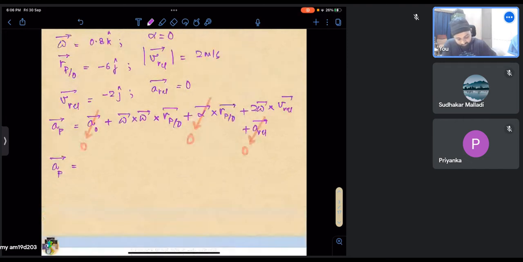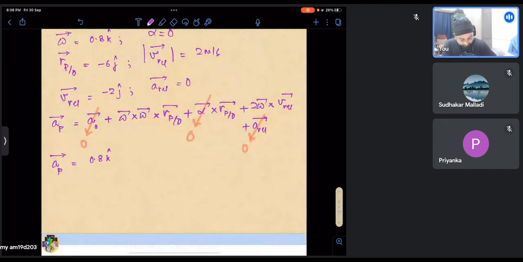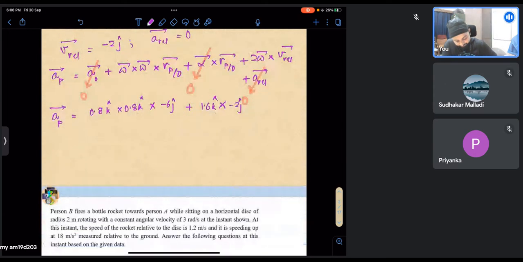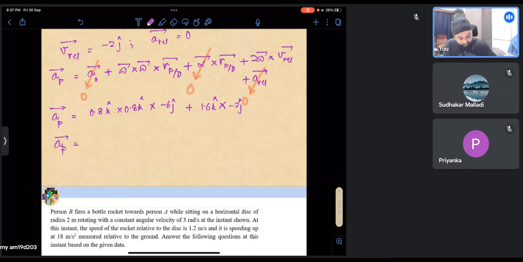So a P we can calculate as 0.8 k cross 0.8 k cross minus 6 j cap plus 1.6 k cross v rel, which is minus 2 j, and that's about it. So acceleration of P: this will give a minus i, minus 2 into 1.6 i, and this will be minus 0.8 squared into minus 6 j.